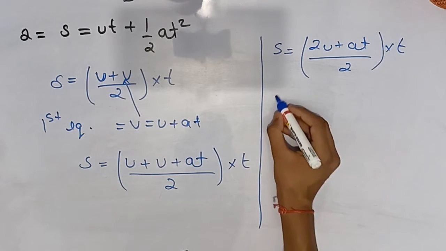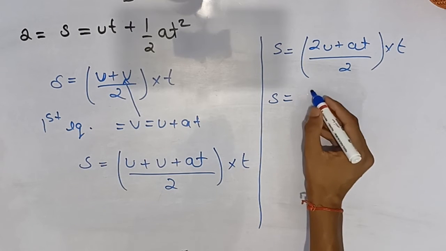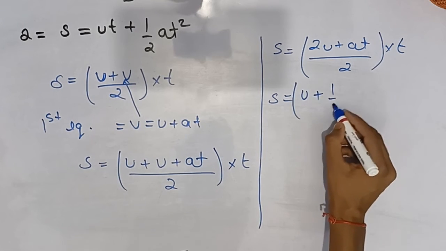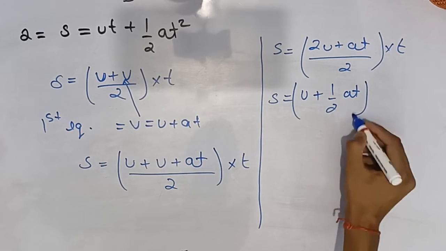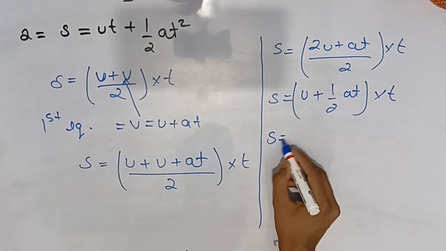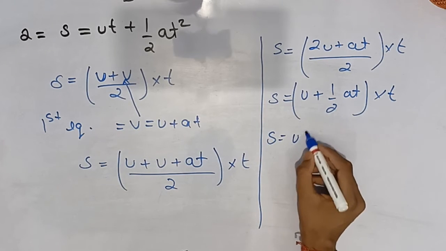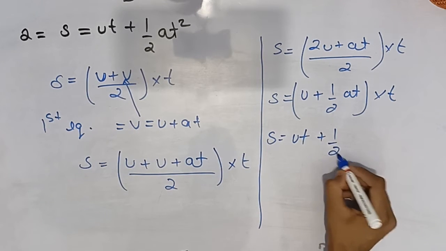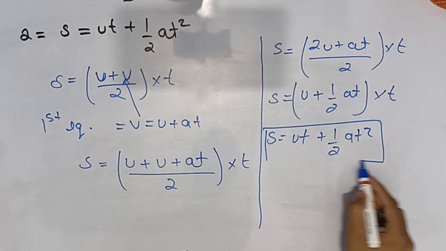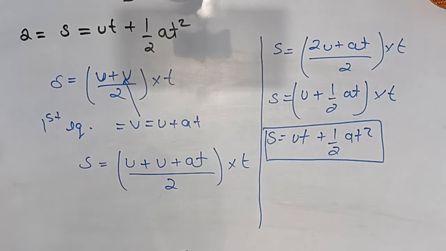We will divide it, so we get s = (u + 1/2 at) × t. We will multiply this t with the terms inside the bracket, so we get ut + 1/2 at². So this was the derivation of our second equation of motion. Now let's move to the third equation.